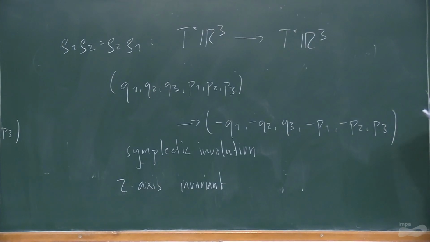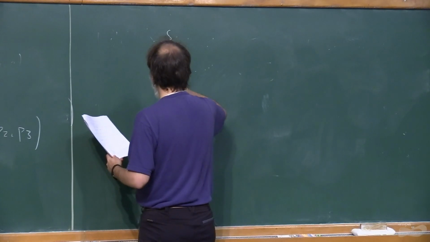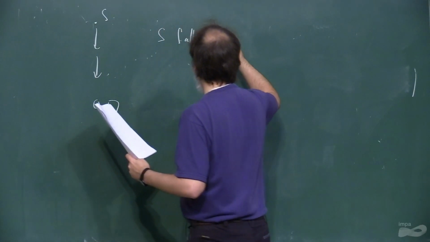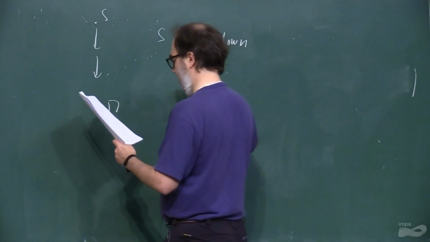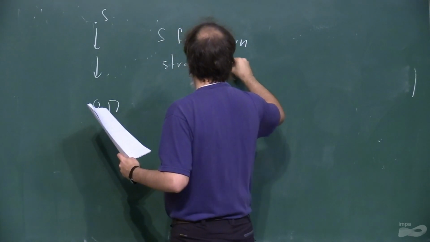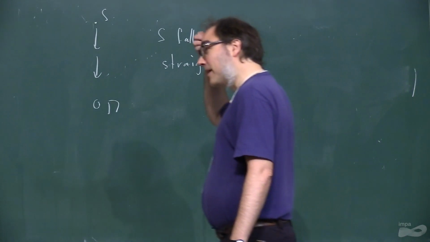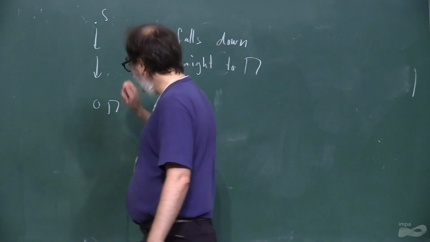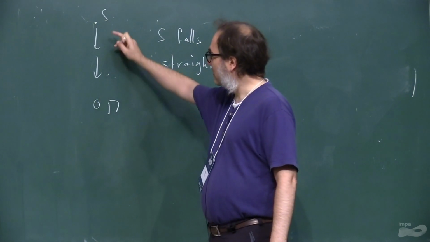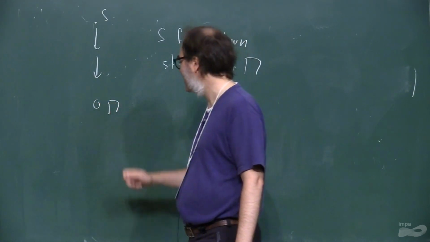So we have S here, and here is the moon, and then S falls down straight to M. Now, the stone is now destroyed. So it collides with the moon.